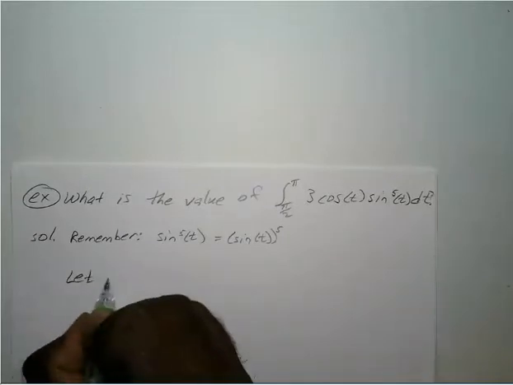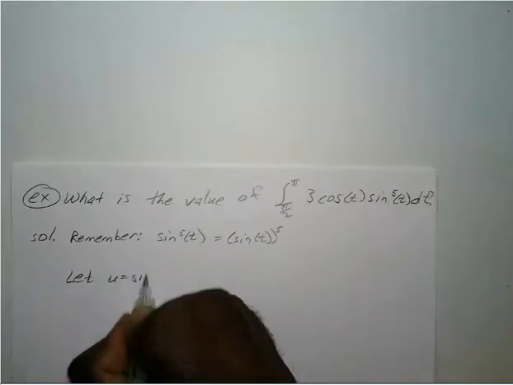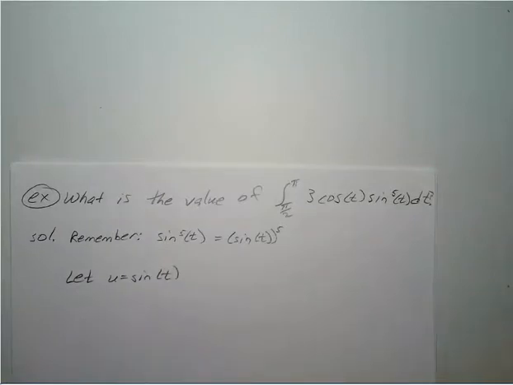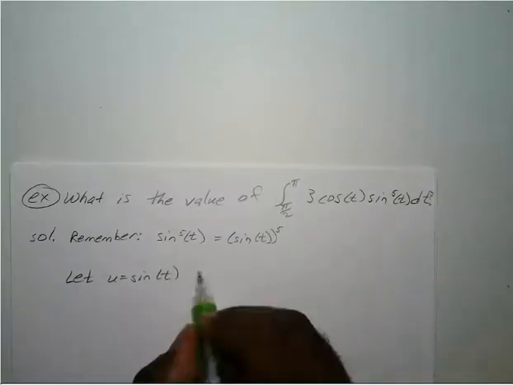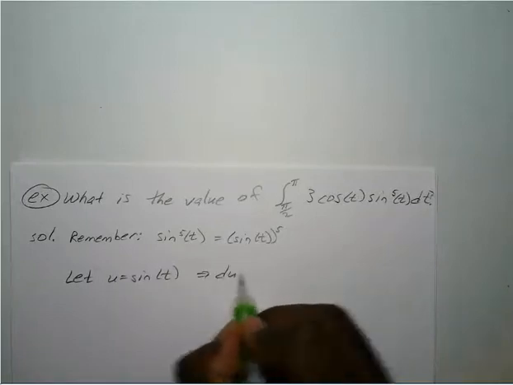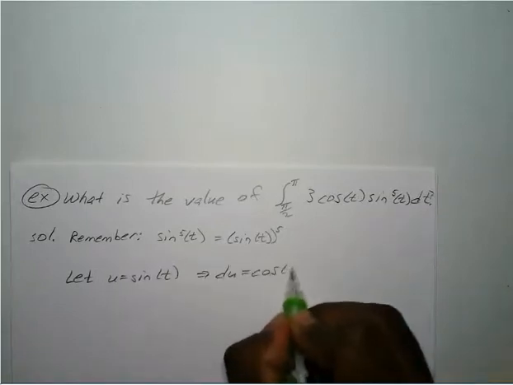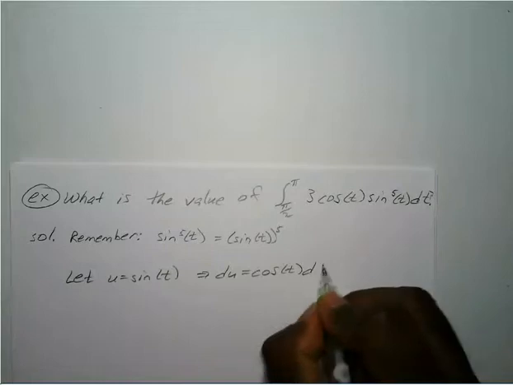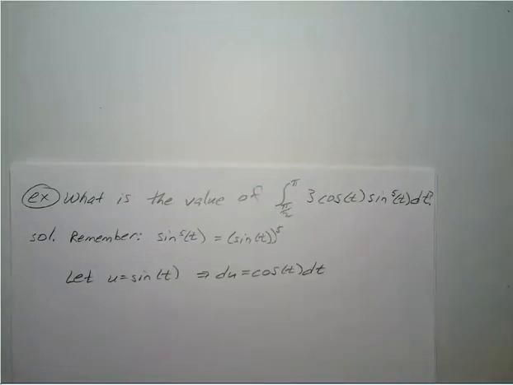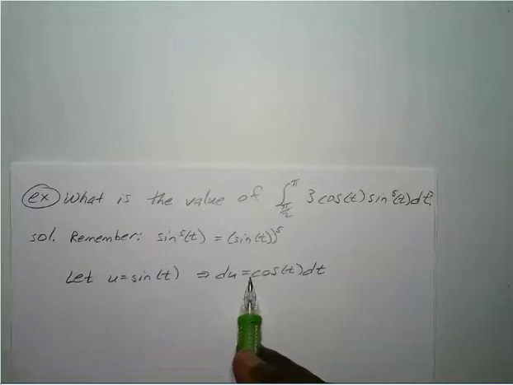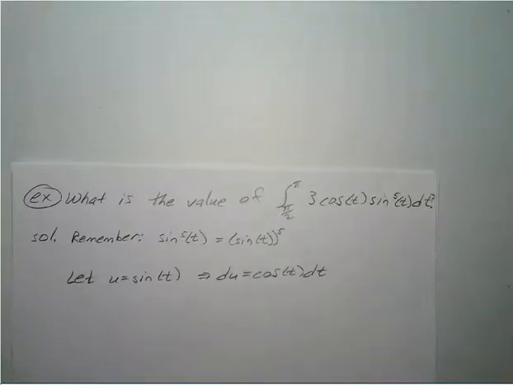Okay, so let u equal sine of t. So our derivative of u, our du, is going to equal cosine of t with respect to t. And we don't have any coefficients to factor out, so there's no 8 cosine of t. We'd have to divide both sides, so we're good just like that.